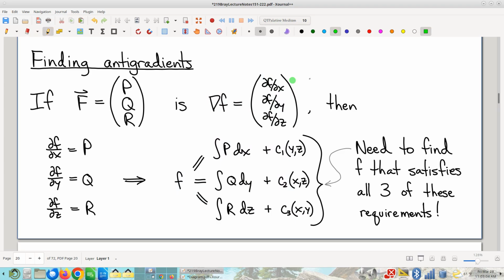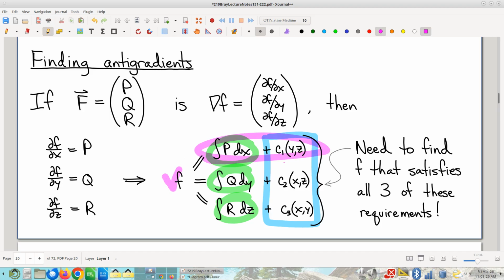The way we're going to find antigradients is we're going to compute the appropriate antipartials. We're going to give ourselves the flexibility of choosing partial constants however we might find convenient, and then the goal is to find a single function that's equal to all three of these things, and if we can pick those partial constants to make this work, then sweet, we just found ourselves the antigradient.